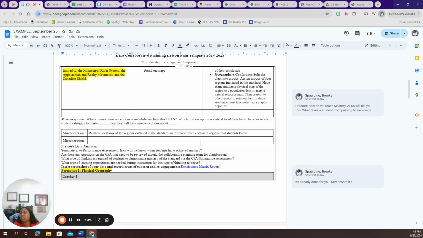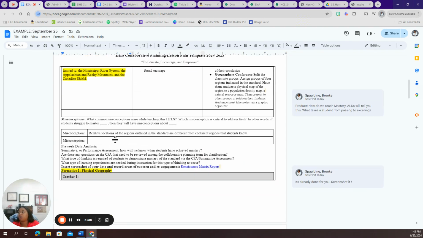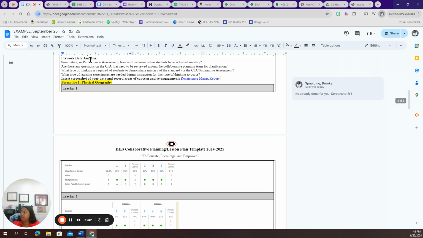So just make sure that students understand the language and that it's the same amongst everyone. You kind of already did that up here, but you're going to go a little bit more into detail with your misconceptions.